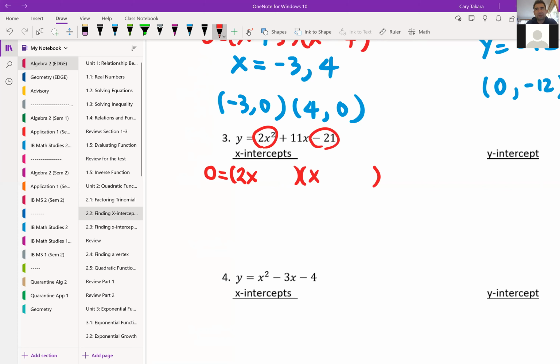That's 3 times 7, right? And that's the only possibility. The other possibility is 1 and 21. But let's try 3 and 7. Yeah, I think that would work, right?